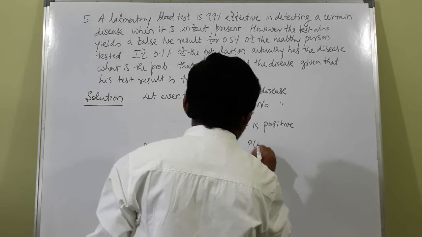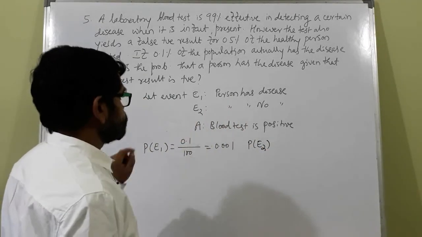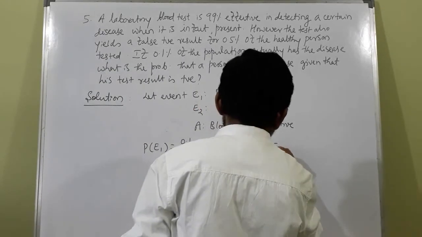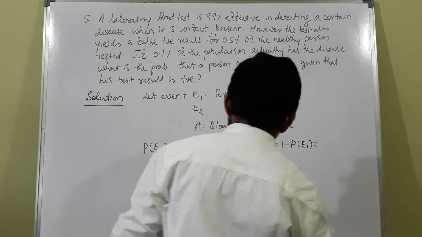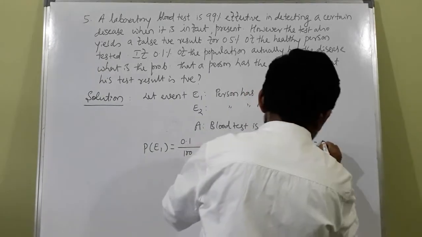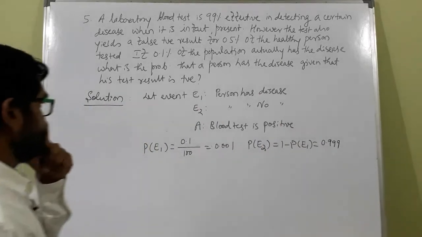Probability of E2: person has disease and no disease are complementary events. So 1 minus probability of E1, so this is 0.999.